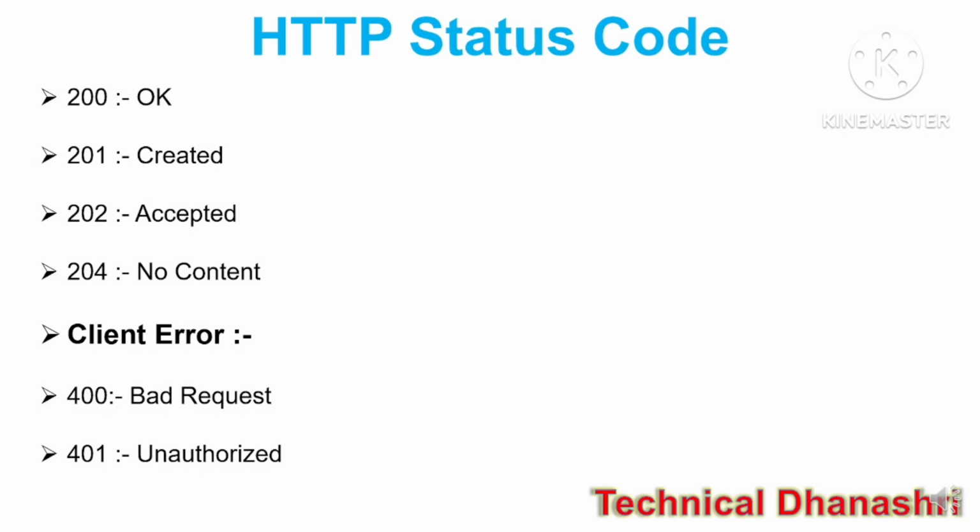It is an unauthorized status code. To avoid the 401 unauthorized status code, we just put the authorization key, or we just put the correct username and correct password, with the help of which we can resolve this 401 unauthorized issue.